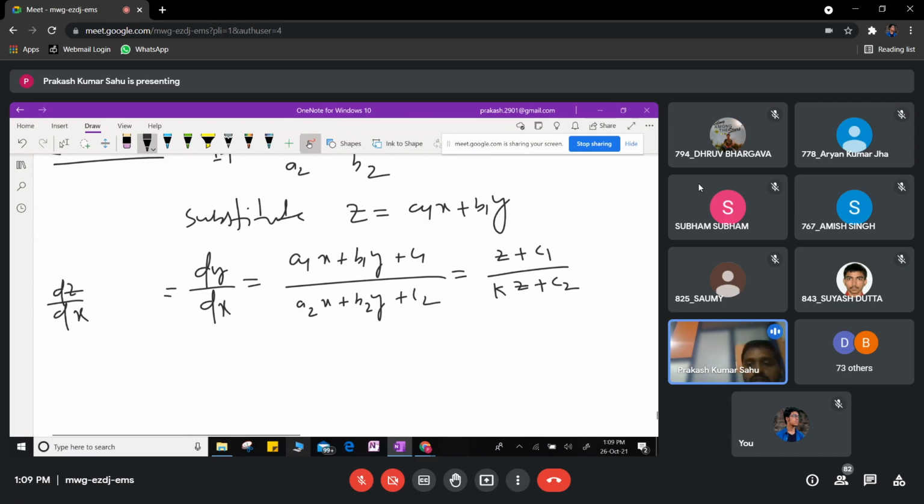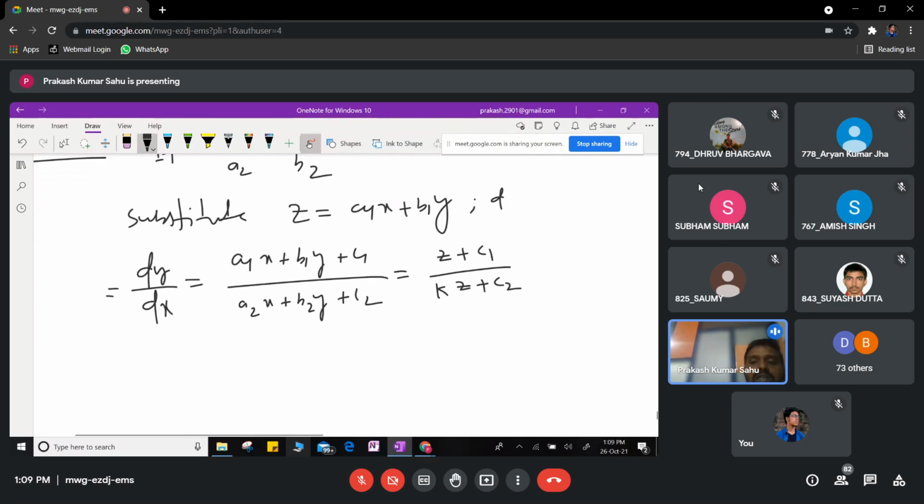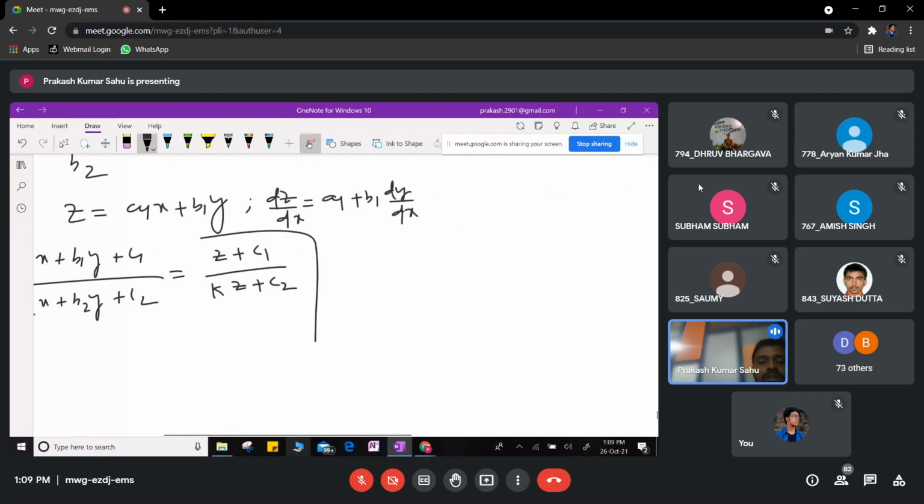This dz by dx is equal to a1 plus b1 into dy by dx. So your dy by dx is equal to dz by dx minus a1, whole into 1 by b1, and it is correct.